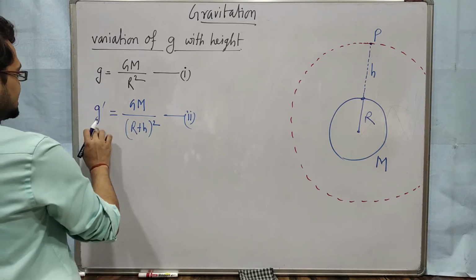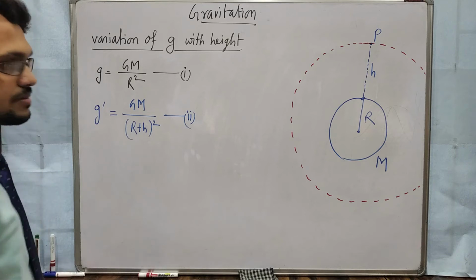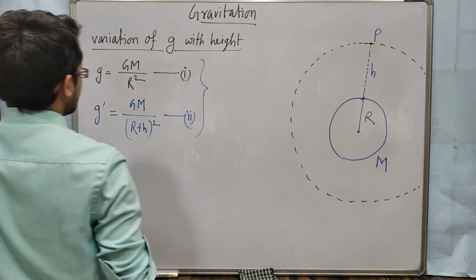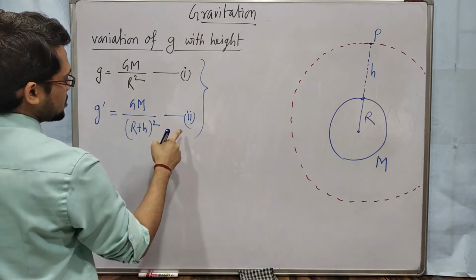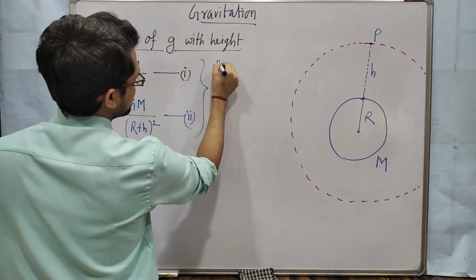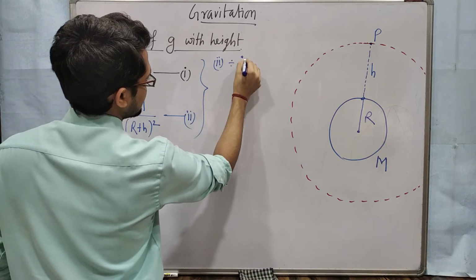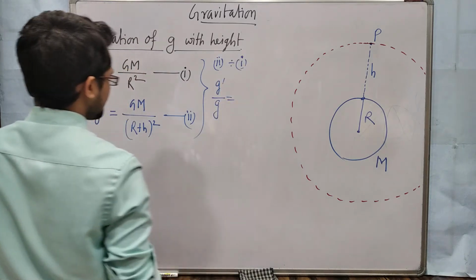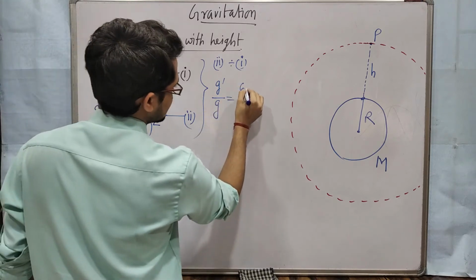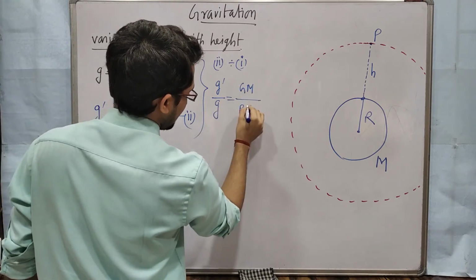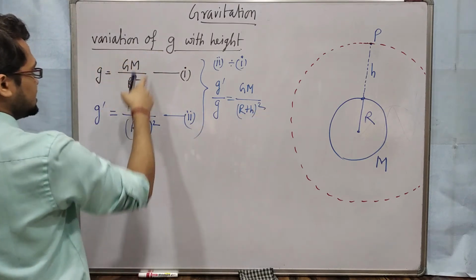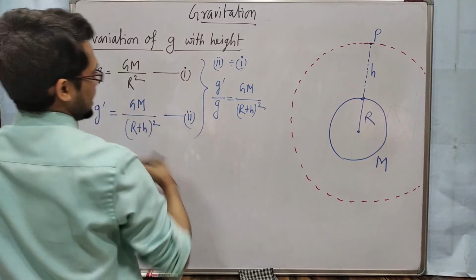So we will write g prime in terms of g, because the value of g we know, and that calculation will be easy. So how will you do it? Divide equation 2 by equation 1. You will get on the left hand side g prime by g. On the right hand side, g prime means GM by (R plus h) square, then divided by g, which is a fraction.